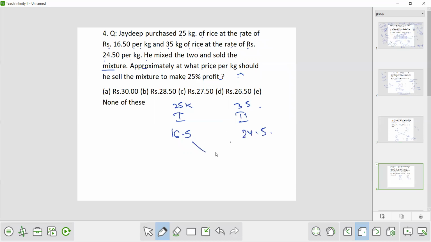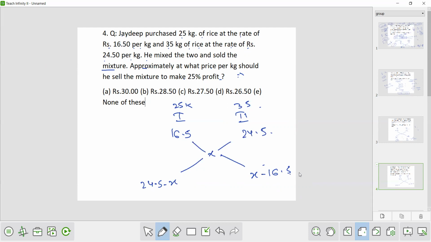He mixed the two, so this is X. This X must be greater than 16.5 and smaller than 24.5. So 24.5 minus X, and this value will be X minus 16.5.